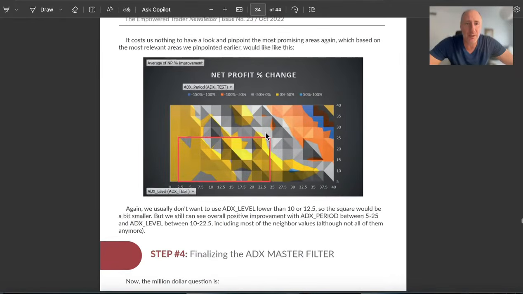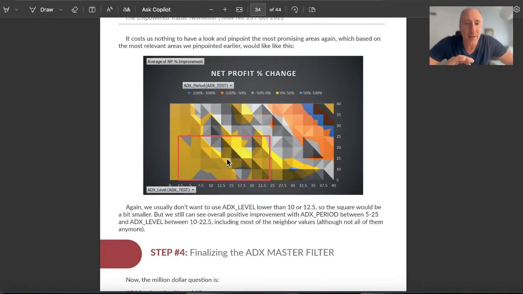But I'm more concerned about net profit, and net profit is potentially this part. So the calibration is 15. 15 is the period, and about 12.5 and 15 is where we have the sweet spot for improving the net profit. So that's the analysis we need to do.